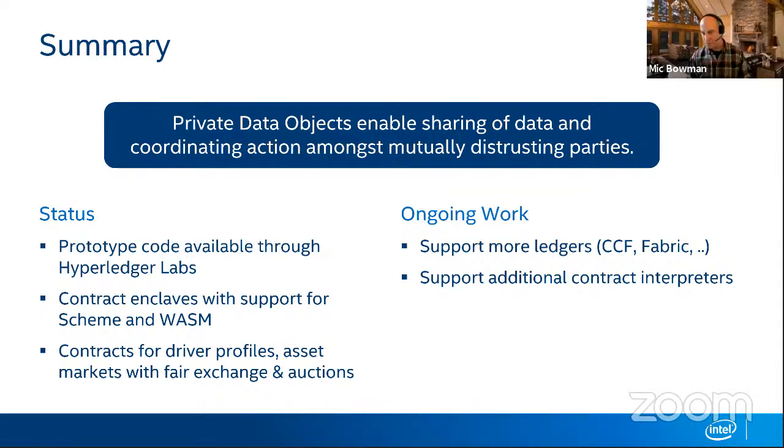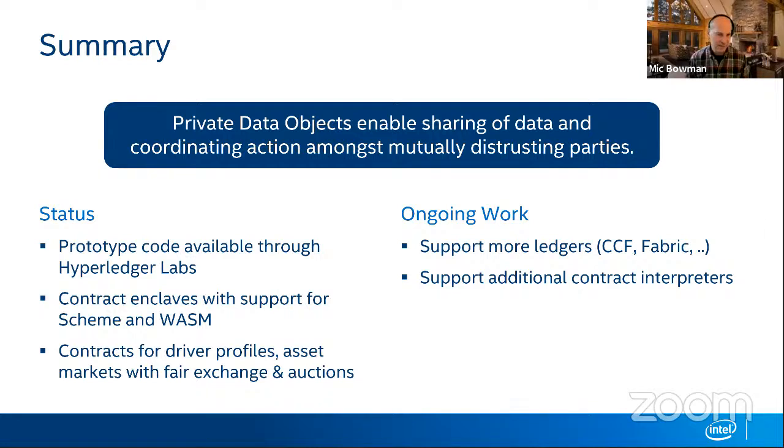All right, so closing up then, as I said, private data objects is really a system for doing smart contracts for data. It's a decentralized TEE-based smart contract execution environment that preserves privacy and confidentiality of the data. Prototype code is available through Hyperledger Labs.